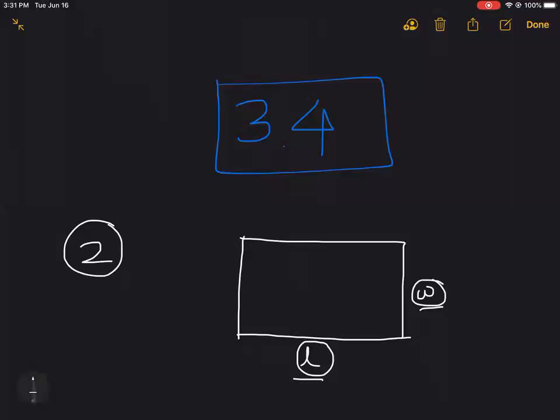If you can open that in a different window, you can always switch your windows. There is no problem in doing that. But my question is, how do you define length times width? For a rectangle, what does that mean?